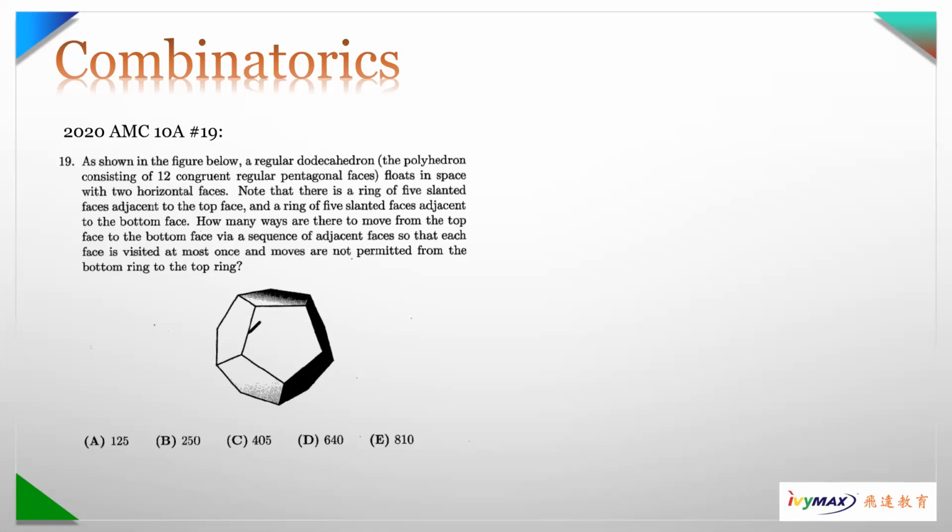I will call this the top, and this is like A, B, C, D, E. I can picture that this is like a top ring. So I'll call this the upper ring. And similarly on the bottom, this is the lower ring.